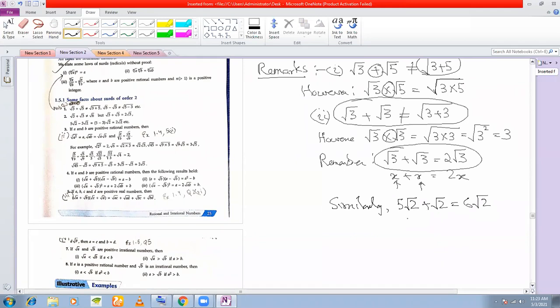Why? Just as I add 5x plus x, if I consider root 2 as x, then it becomes 6x, right? So that is why 5 root 2 plus root 2 can be written as 6 root 2. Clear with this?